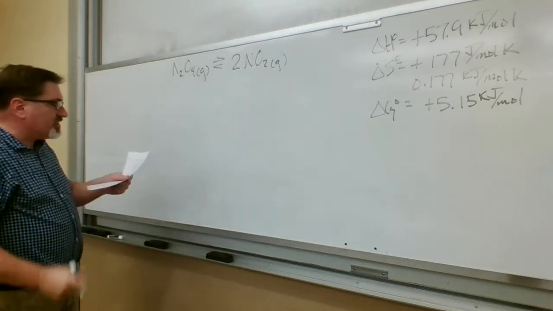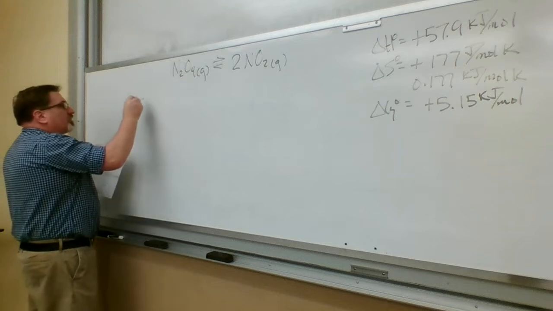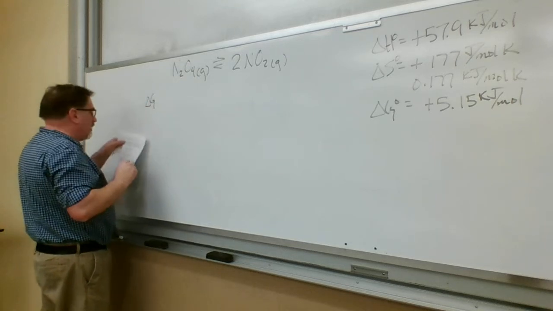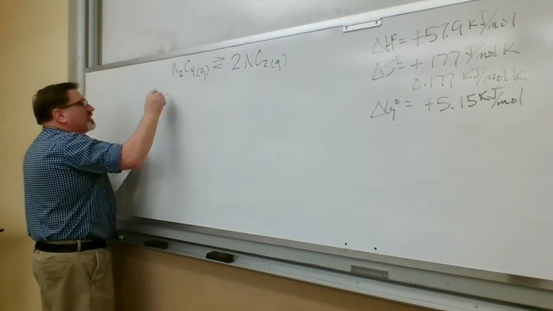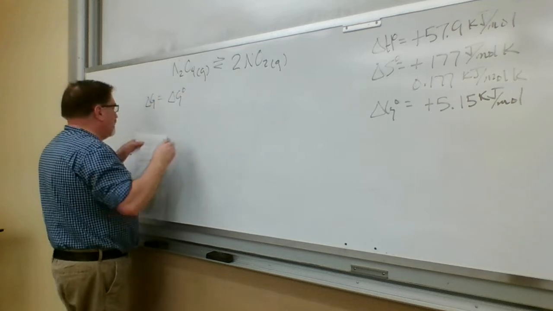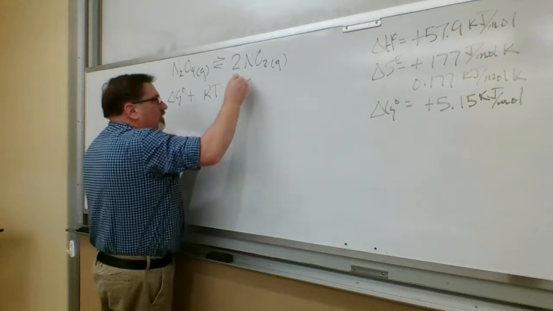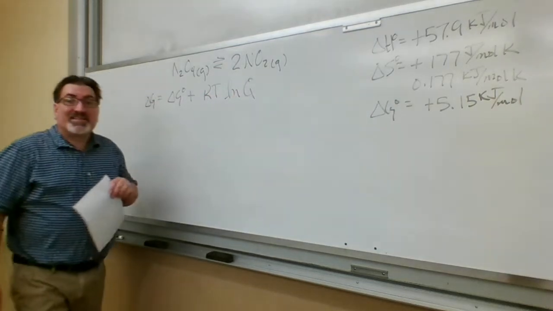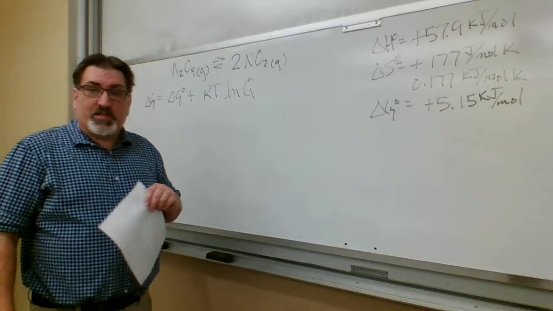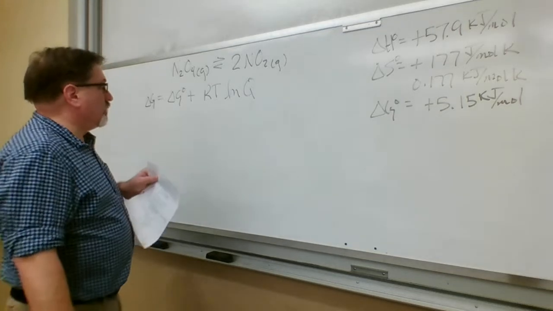And there is a relationship for this. Delta G at possibly non-standard conditions is equal to delta G0 plus RT times the natural log of Q. The same Q that we had back in our equilibrium chapter, QC, works there.